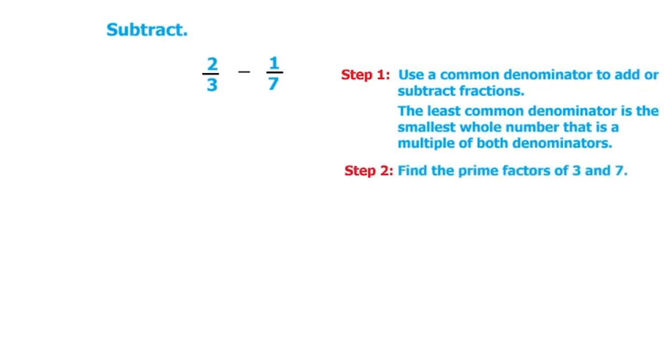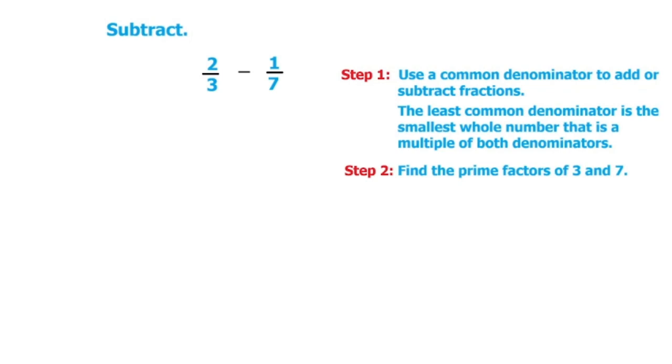So we can find the prime factors of 3 and 7. And prime factors just means decomposing a number down to the point where it's made up of numbers that are only multiples of themselves or 1.